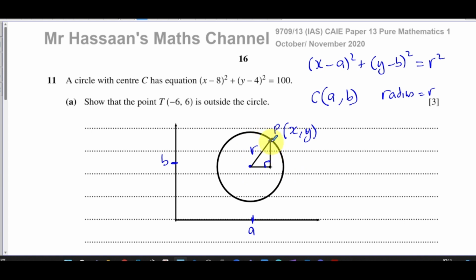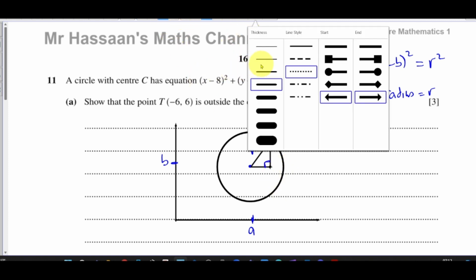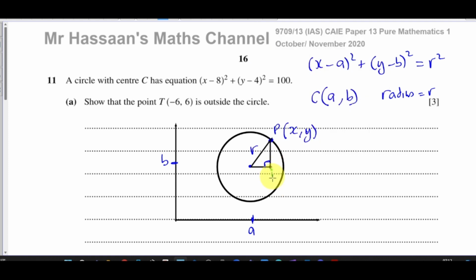Up to this point you've got B, so the length between here and here is B. And the length between the y-axis and this point here is A. So that's A and that's B.